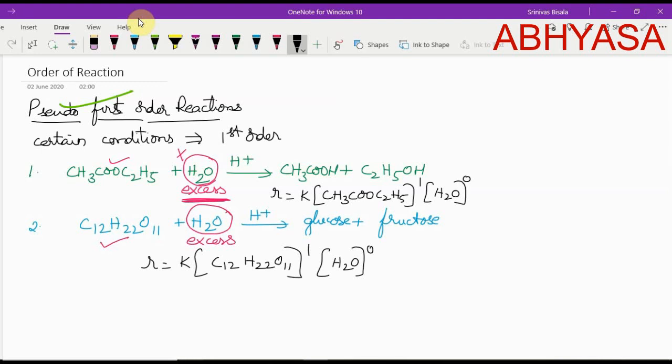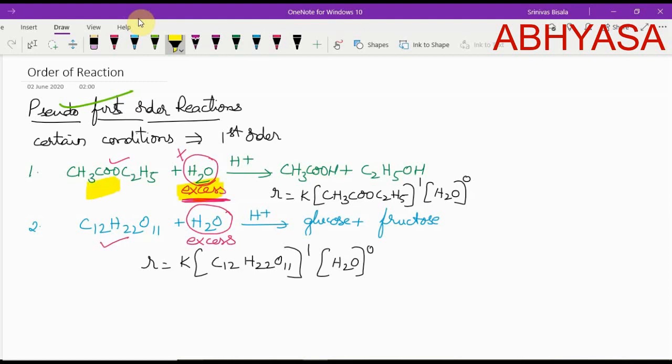So what are pseudo first order reactions? Reactions which are not truly of the first order, but under certain conditions become reactions of first order. These reactions are called pseudo first order reactions. The reason is, if one of the reactants is present in very large excess, the rate of reaction depends only on the concentration of the reactant which is present in smaller amount.